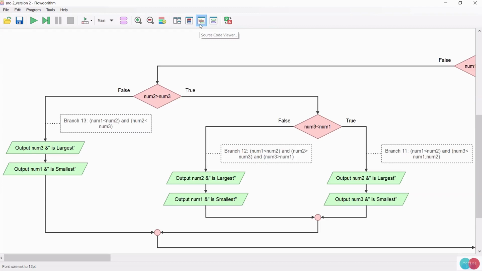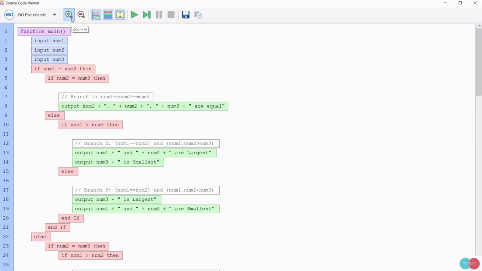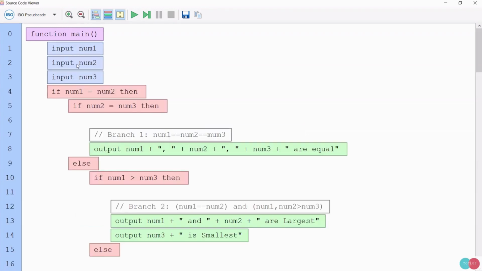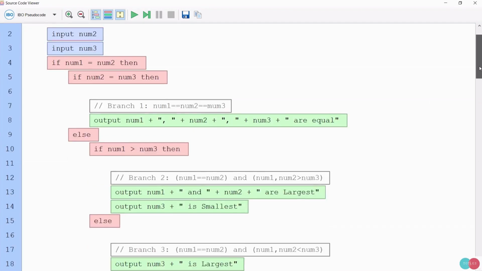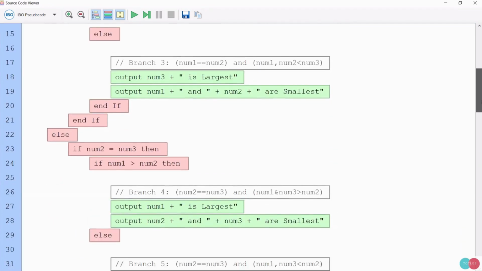Now we'll see the pseudocode for this. The pseudocode for this is like this. If you are following the C programming for developing a program, then you can just follow this to declare three numbers and then accept all the three numbers, and you can keep on developing the logic based on this sequence of scenarios, the branching scenarios.